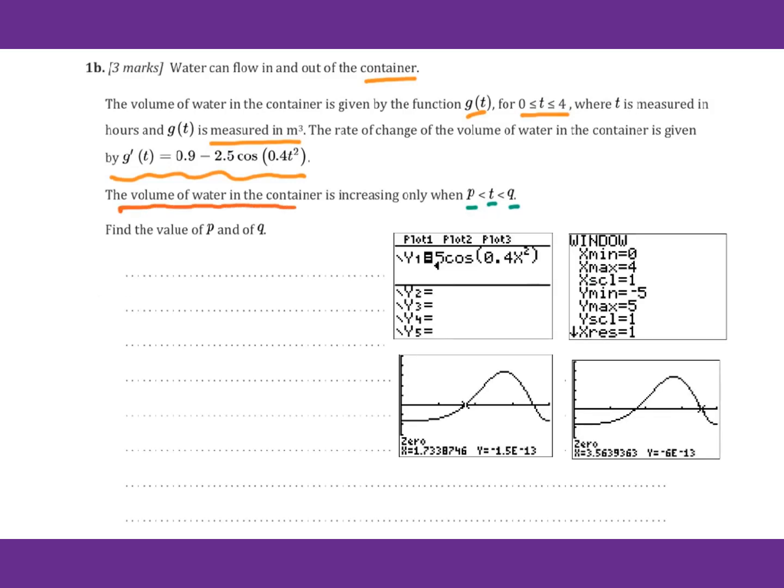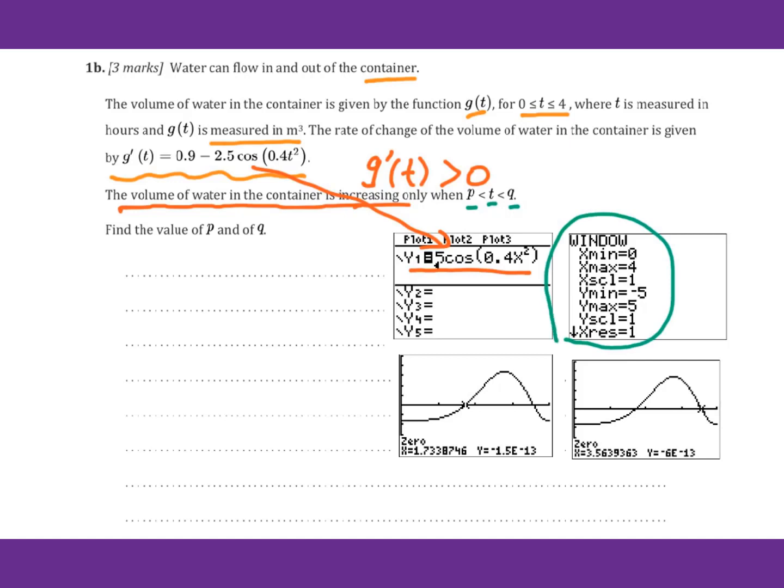The volume of water in the container is increasing, which means your g prime, that's the derivative, has to be positive. Therefore, you will put the y1 in this g prime function. We will set up the window like this. For y, it doesn't matter. You just need to make sure to use the given domain.